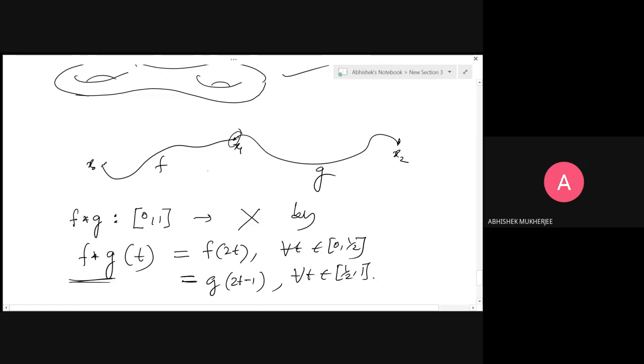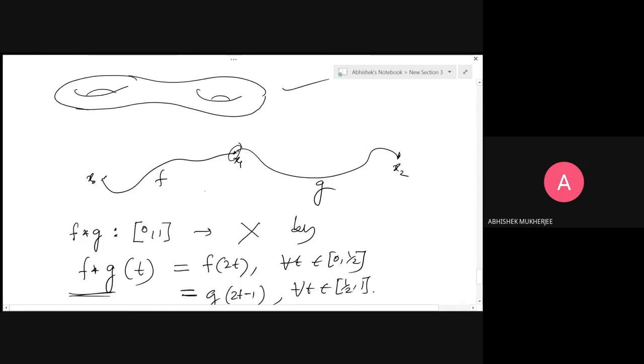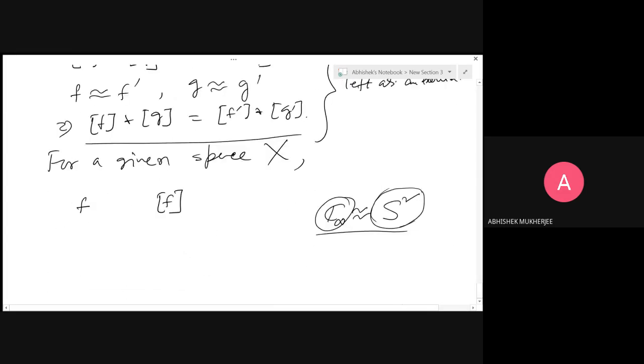Here you have imposed that f1 is g0. And with these conditions, you can say that the operation that we have defined is a groupoid.